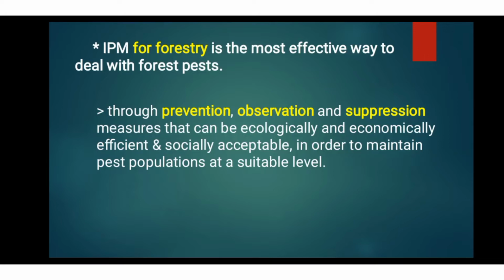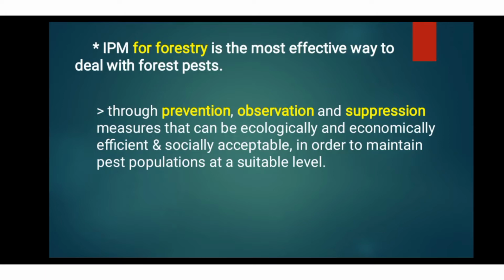While observation may carefully monitor pest populations, for example, through visual inspection or trapping systems. While in suppression, mechanical and biological control through the use of natural enemies and biopesticides or other sustainable control methods.